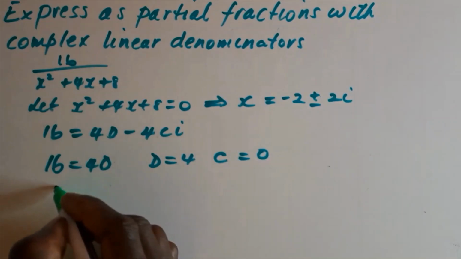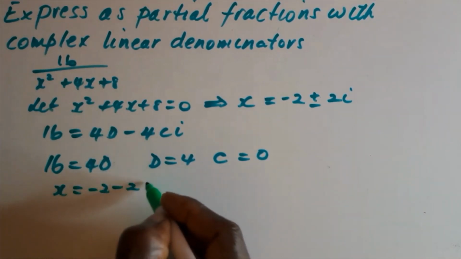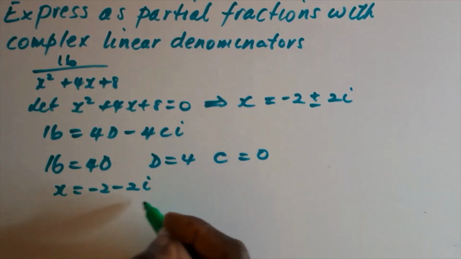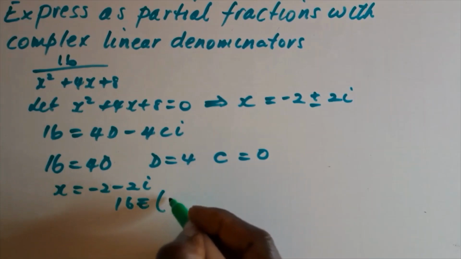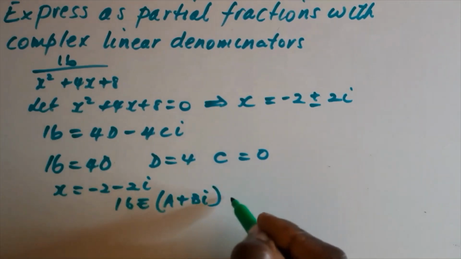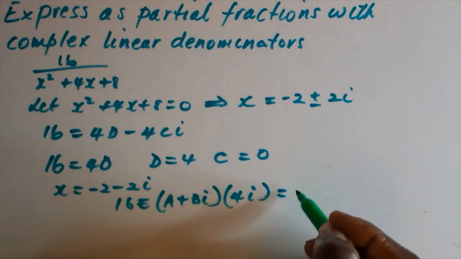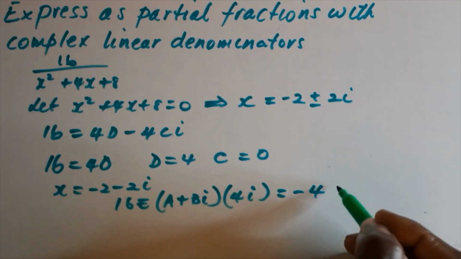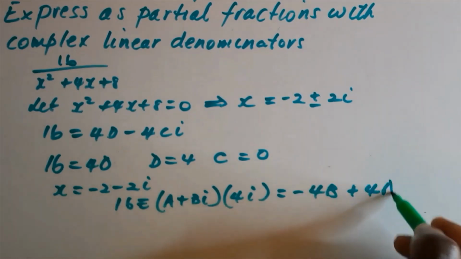When x is equal to the other option, minus 2 minus 2i, we can write that 16 is, we eliminate c add di, in this case add bi, and this is times 4i, which gives us minus 4b add 4ai.